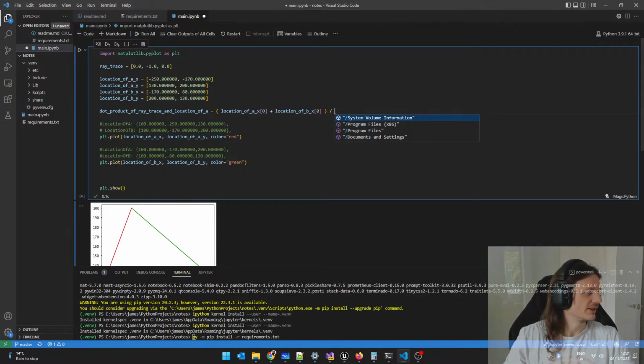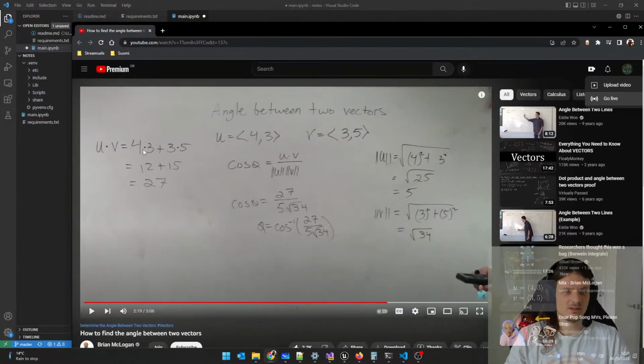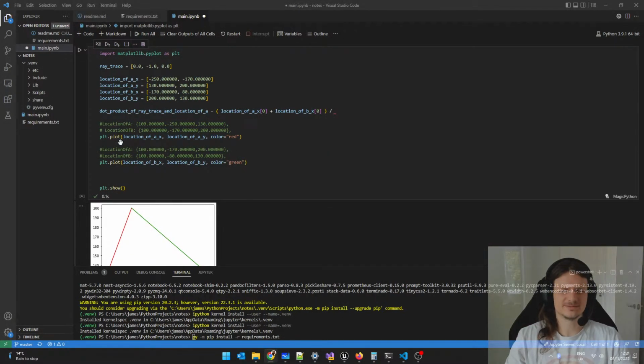I can't remember. Let's have a look at this again. So we've got 4 times 3, 3 times 5. Oh, okay, so it's the x and y values. Okay, fine, let's do that. No one's going to get that wrong. So that's going to be 1.